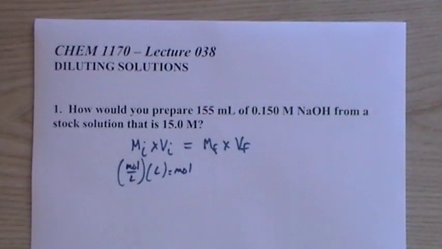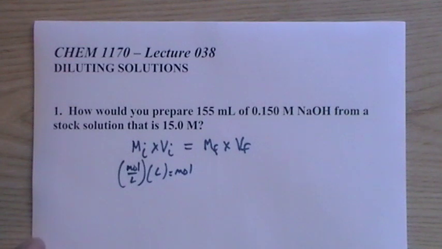So by taking the concentration times the volume on each side, we just end up with the moles of the solute. It doesn't matter what the volume is. You can see this if you take a liter of 1 molar HCl. In a liter of 1 molar HCl, you have a mole of HCl.